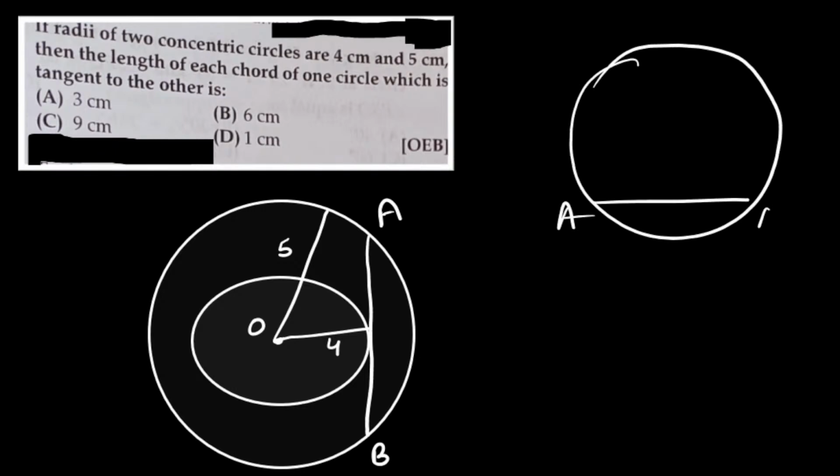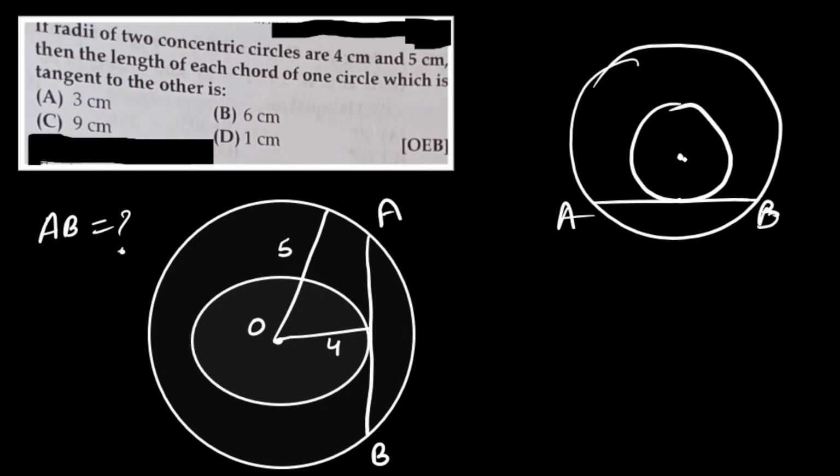But for the smaller circle, the same AB is acting as a tangent because it has one point of contact. So we have to find the length of AB, which is a chord for the bigger circle and a tangent for the smaller circle.